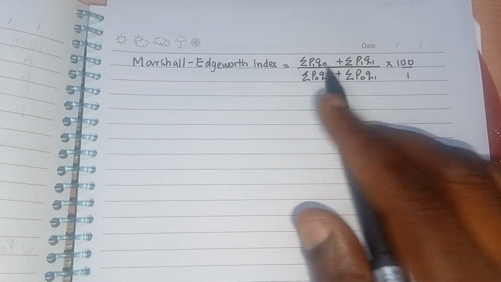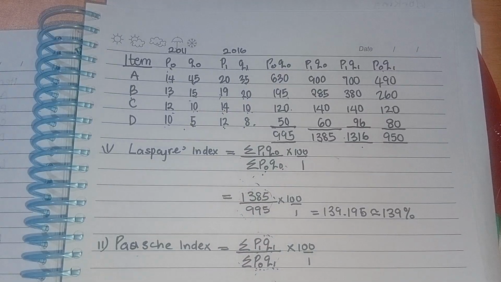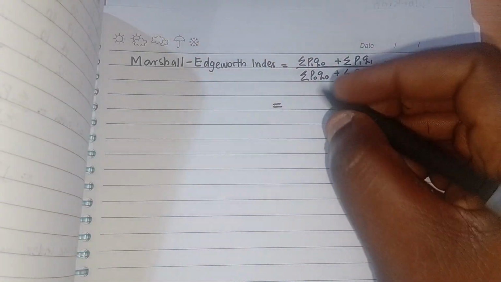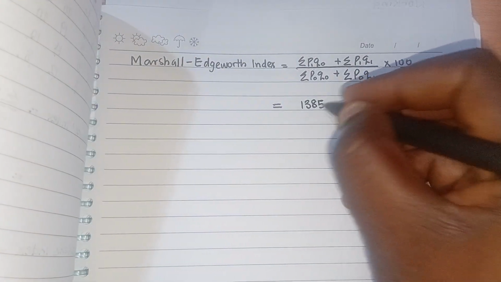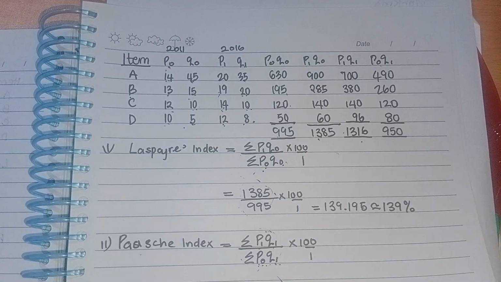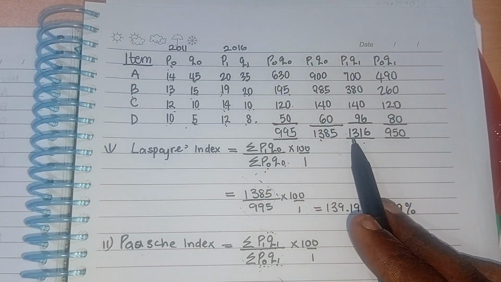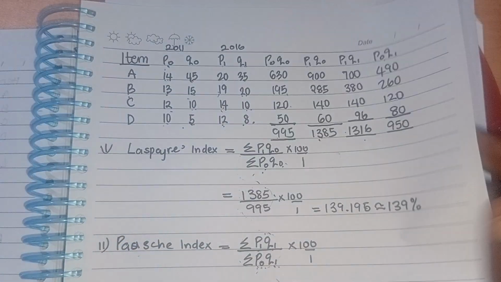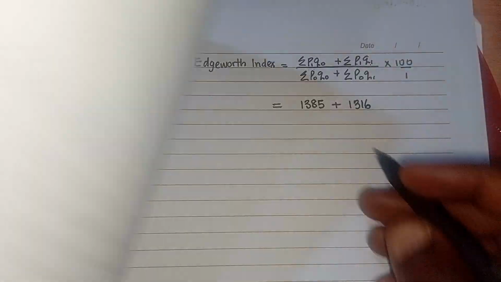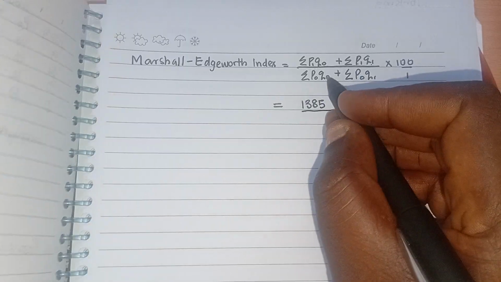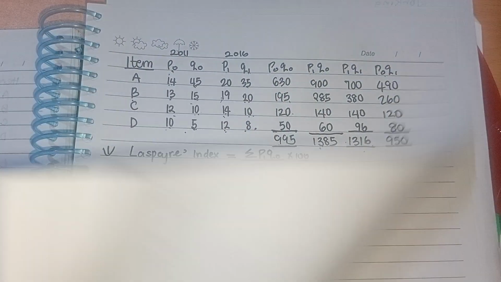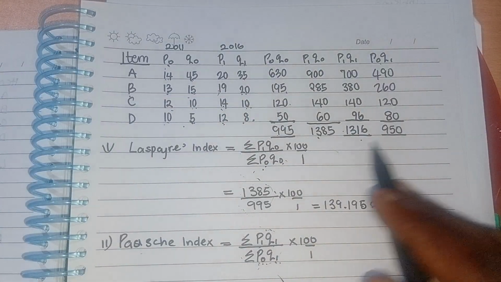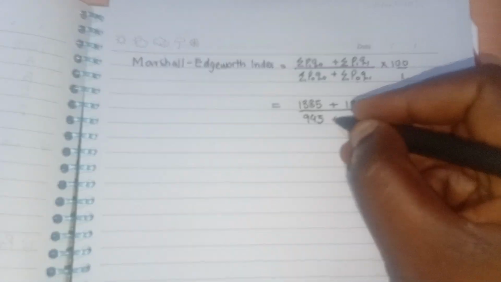So let's look at this. Summation P1Q0, so we have 1385 plus P1Q1, that's 1316, then all divided by P0Q0, 995, and P0Q1, which is 950, plus 950.